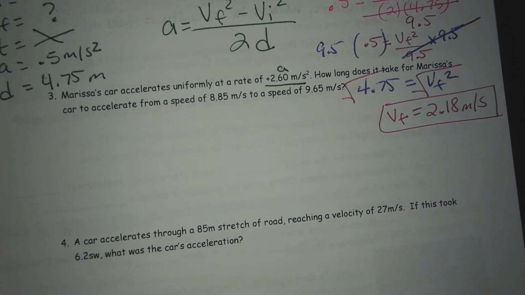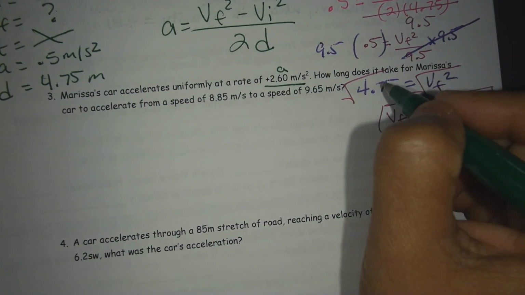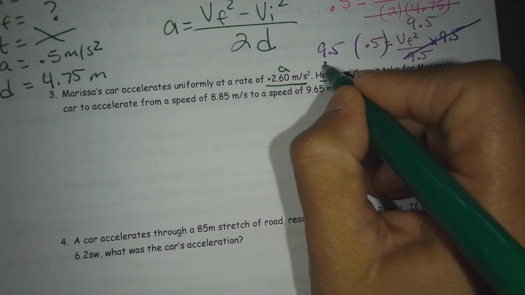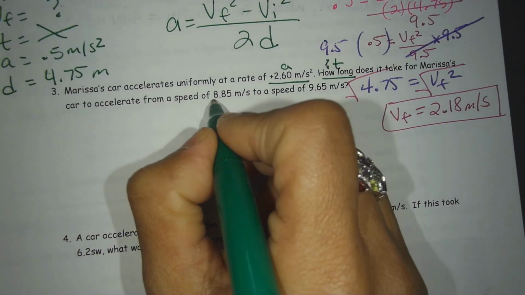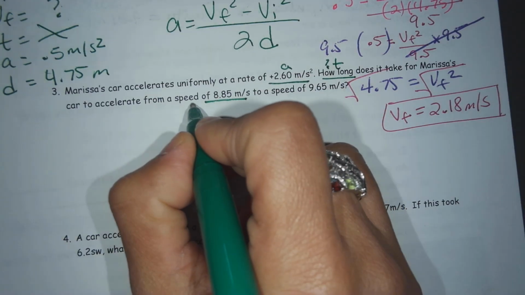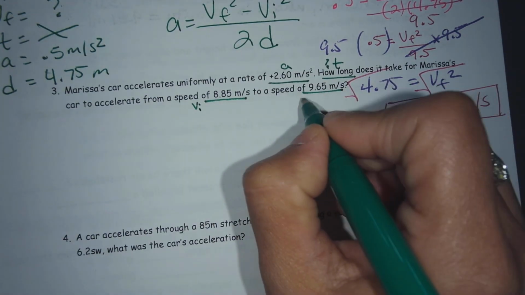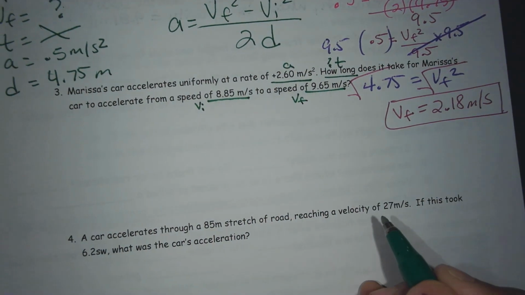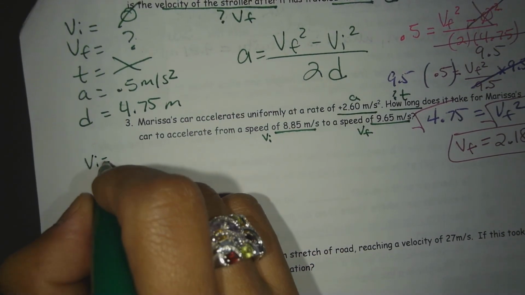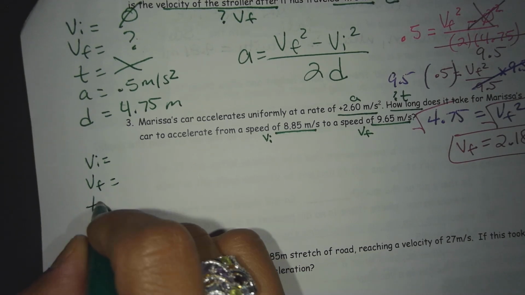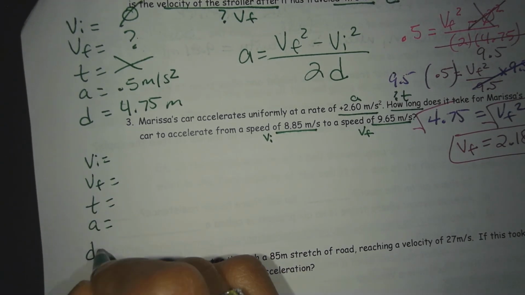It asks me, how long does it take, T, for Marissa's car to accelerate from this speed, VI, to this speed, VF? Well, again, for kinematics, we have 5 variables: VI, VF, T, A, and distance.